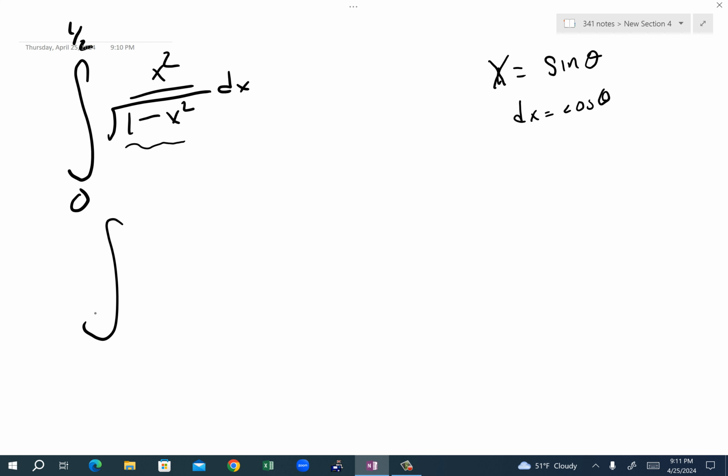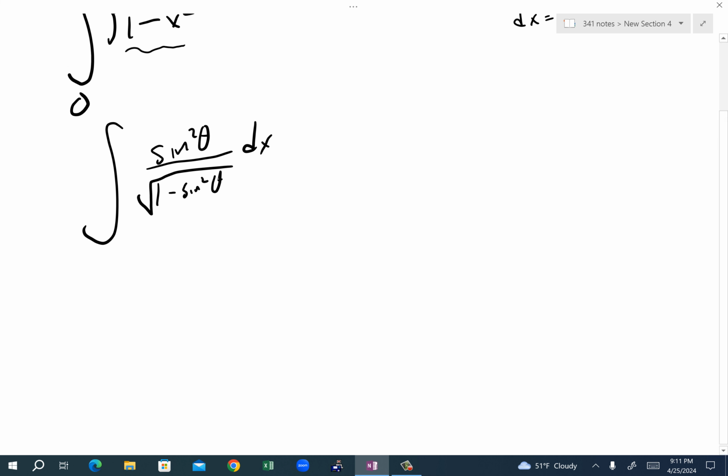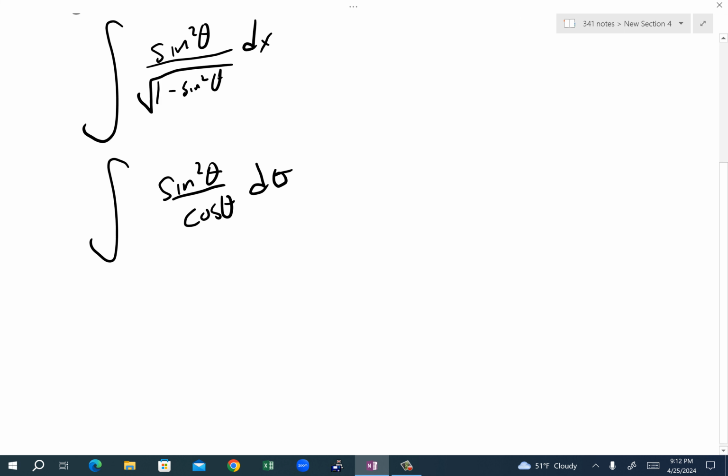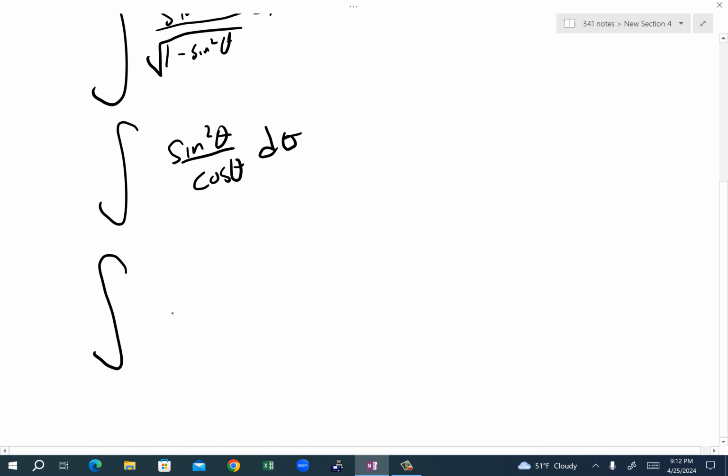And so now you're going to go, okay, well, that's sine squared over the square root of 1 minus sine squared. And you're like, oh wait, 1 minus sine squared is cosine squared. Sure is. So you end up with sine squared theta over cosine theta. And then you're like, wait a minute, I've seen this story before.